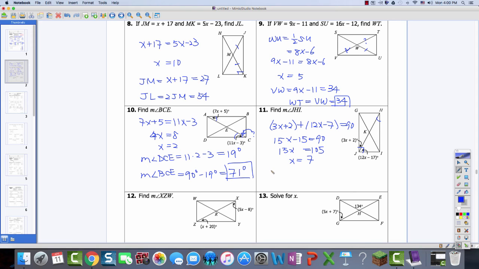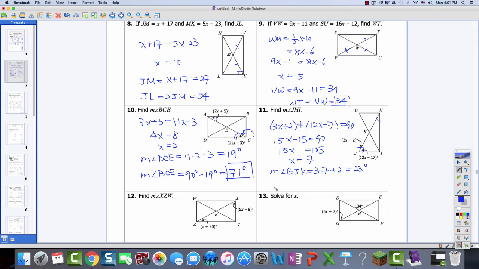If x equals 7, I can just plug it in and find angle GJK, which is this part. GJK equals 3 times 7 plus 2. That's a times. And I should have 23 degrees.